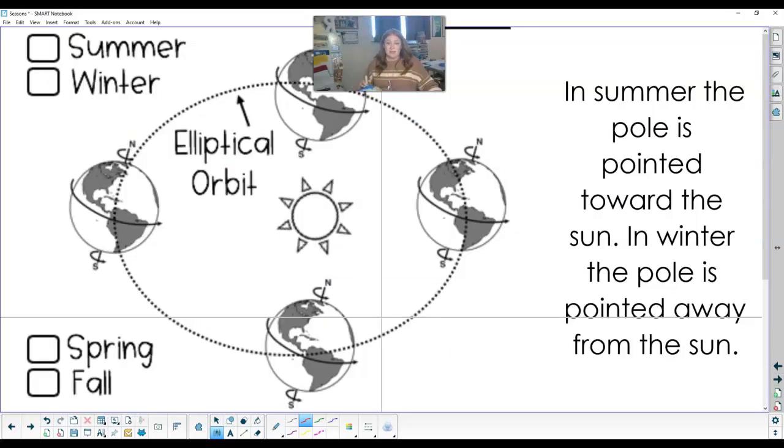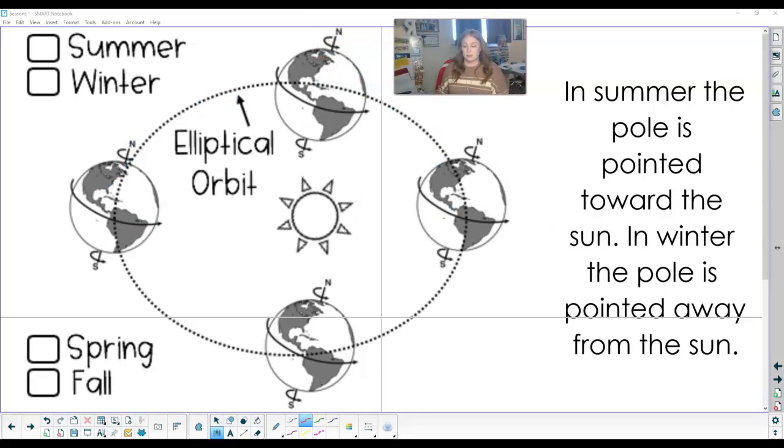So we're going to look at this part of our doodle now. And you're going to need four different colors. Let's do green for spring, right? Everything's starting to grow again.